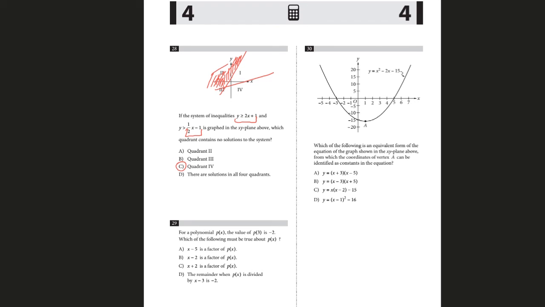Okay, so 29. For a polynomial p(x), the value of p(3) is minus 2. Which of the following must be true? So this is about the remainder factor theorem, and let's just go through all of the options. x minus 5 would be a factor of p(x) if p(5) is equal to 0. If we input 5, the answer will be 0.